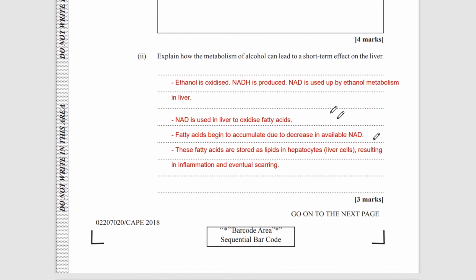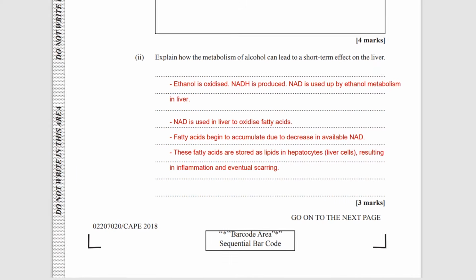So the next question here is: explain how the metabolism of alcohol can lead to a short-term effect on the liver. Right, so just to sum this one up again, usually NAD is used to oxidize fatty acids in the liver, to break them down so they don't get stored in the cells. Instead now, when you drink ethanol or alcohol, you drink your rum, remember, NAD is like a resource.